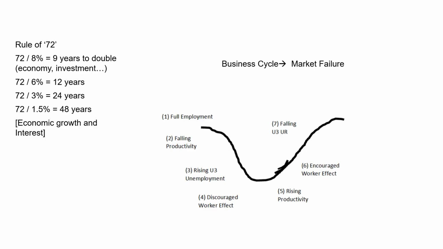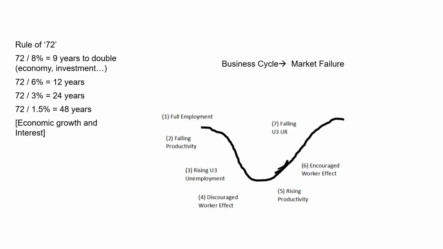Coming out of the recession, we would have rising productivity, meaning that you're not going to go out there and hire more people in. You're going to use the staff that you currently have, and you're going to do what? Have them work more overtime, etc. And then what happens is the encouraged worker effect kicks in. This is where jobs start to show up and people start again looking for work.